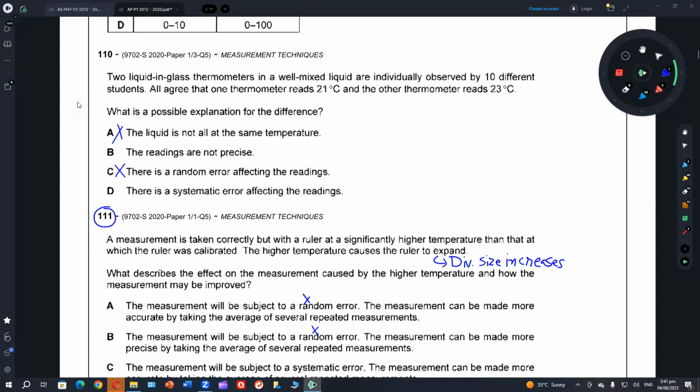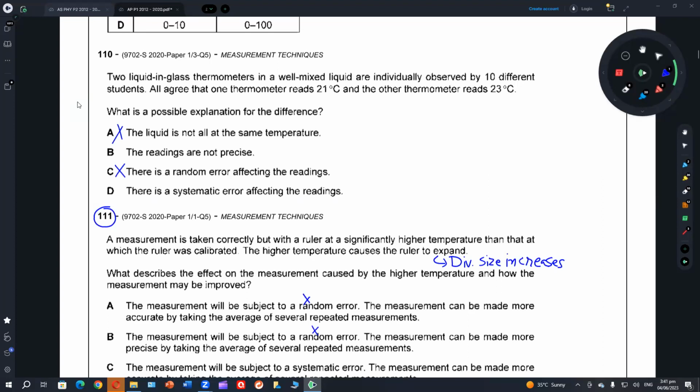Both are liquid in glass thermometers, but it is not a case of precision. Precision means your reading. It is not possible that a person reading 21 and another reading 23, if both the thermometers are correct. So it shows that at least one thermometer is having some permanent error.